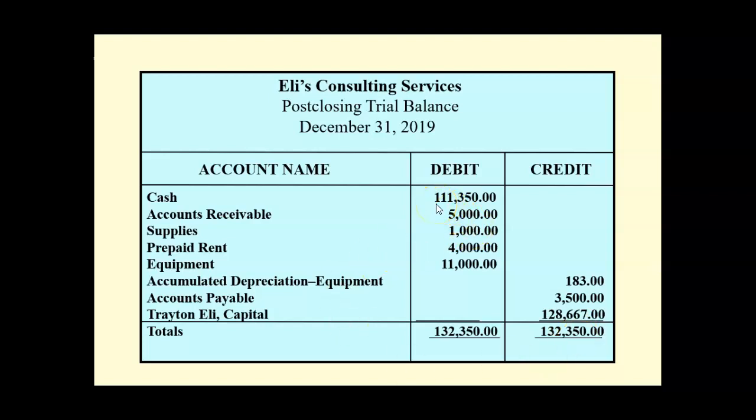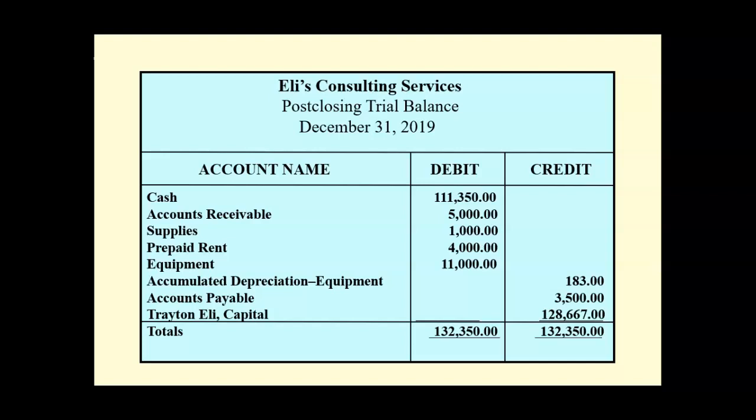The purpose is to prove the equality of our debit and our credit ending balances. If done correctly, the total of the debit column will equal the total of the credit column. So we prepared this to say that, okay, we're now in balance.